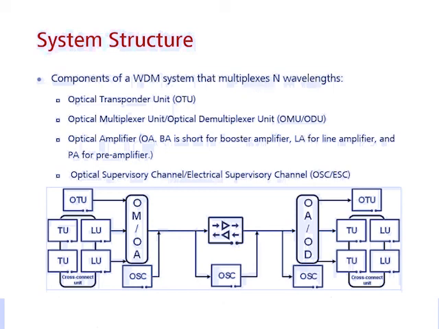So we need one special wavelength to help us transmit those special signals, which are not service signals. Okay, so OSC will launch this kind of signal. Then OSC will be multiplexed into the main path and transmitted with your client service.